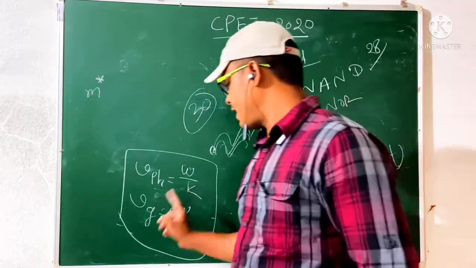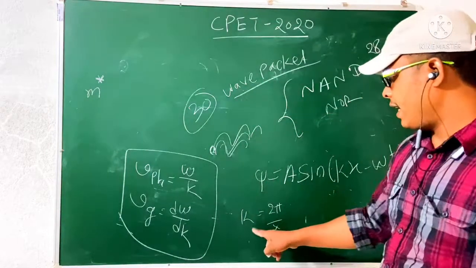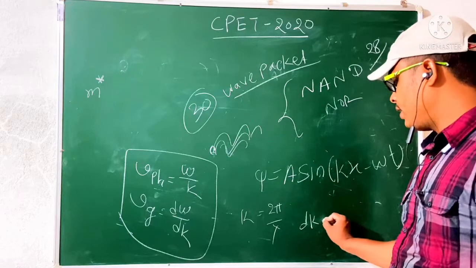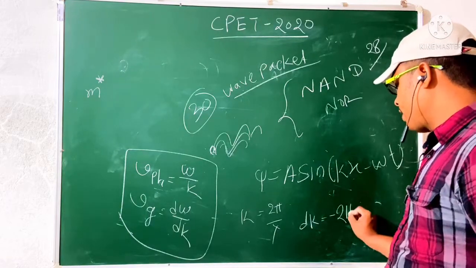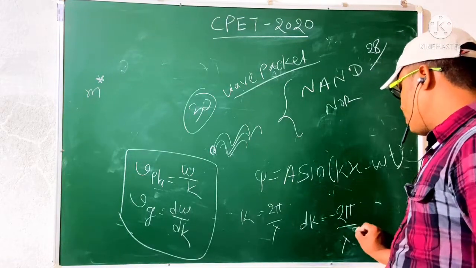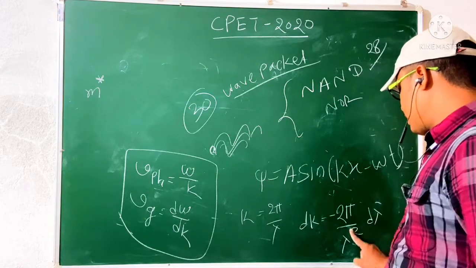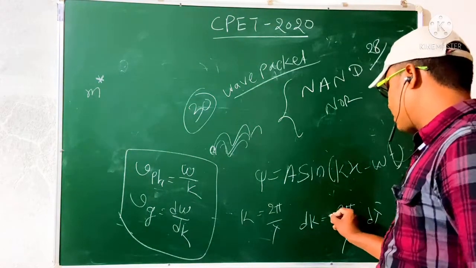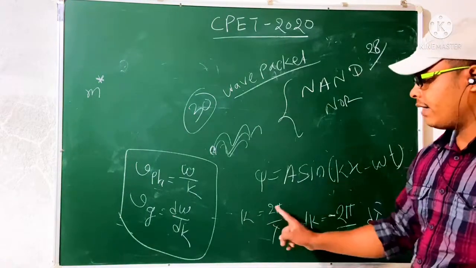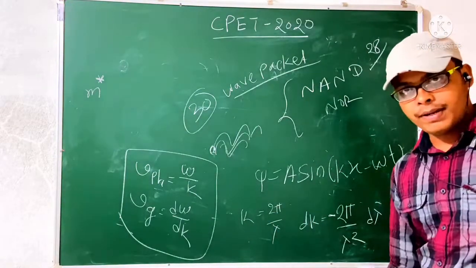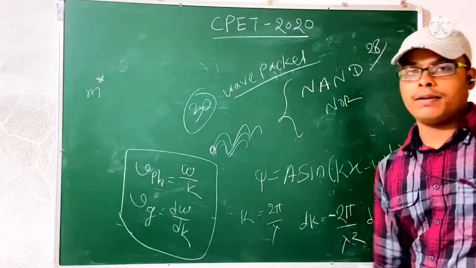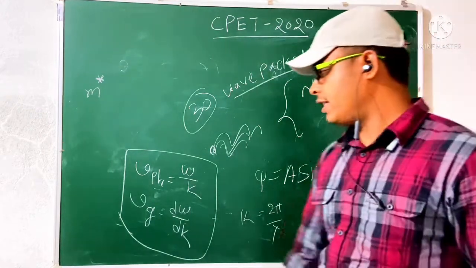So if you transform this k, k equal to 2 pi by lambda, then what will be dk? dk will be minus 2 pi by lambda square into d lambda, right. This is lambda square. Here this is the derivative actually. Take the derivative of k equal to 2 pi by lambda with respect to lambda, then multiply d lambda to the right side, and you will get dk.